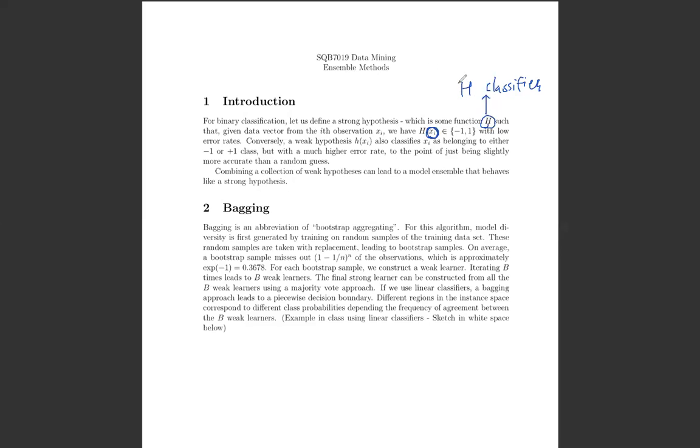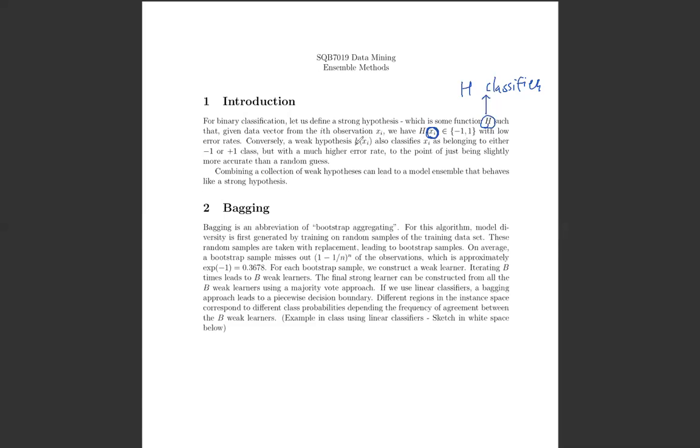Here we have the notation big H and small h. Big H is what we call a strong classifier or a strong hypothesis. A strong classifier usually will produce low error rates. It's like a strong warrior, it can do a lot of stuff.